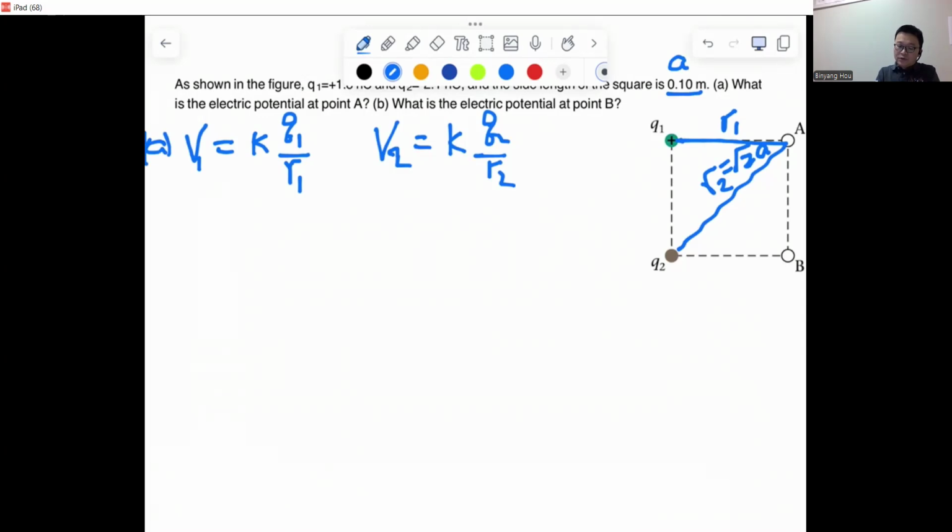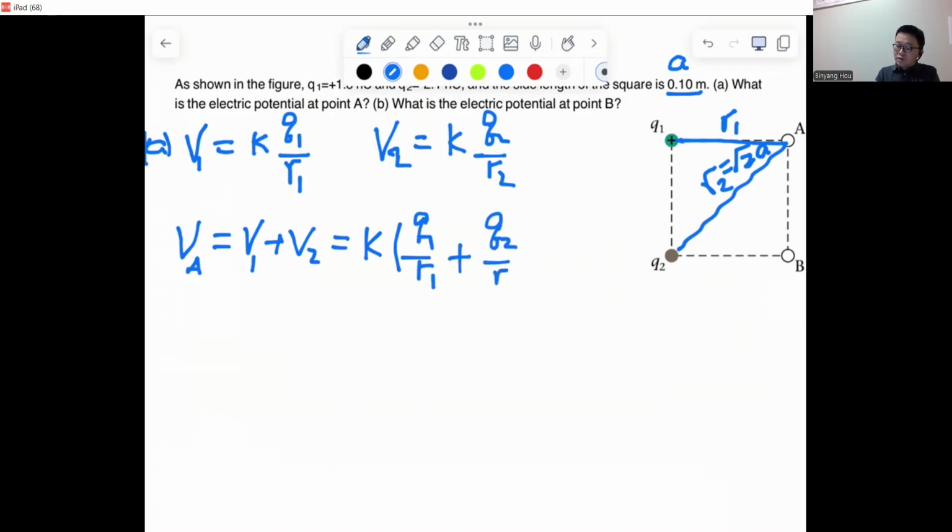So V at point A should be equal to V1 plus V2, which is kQ1 over R1 plus kQ2 over R2. So the k is the same, so we can put the k before the parenthesis, and then Q1 over R1 plus Q2 over R2.